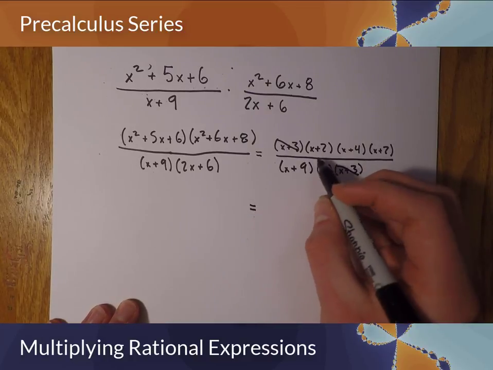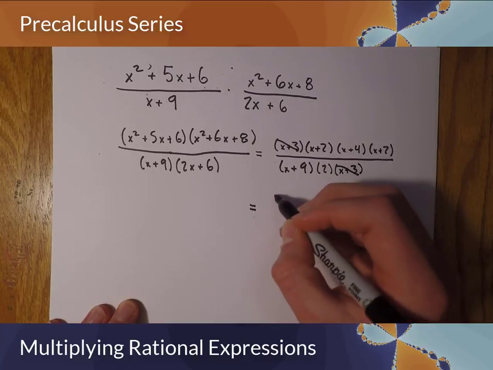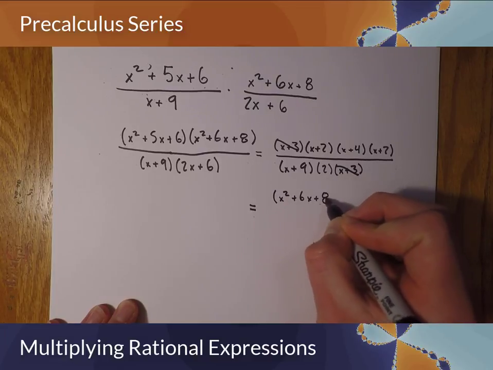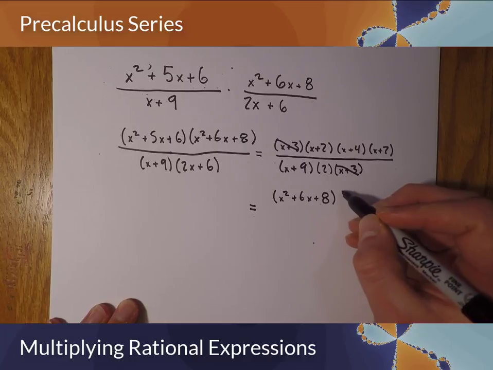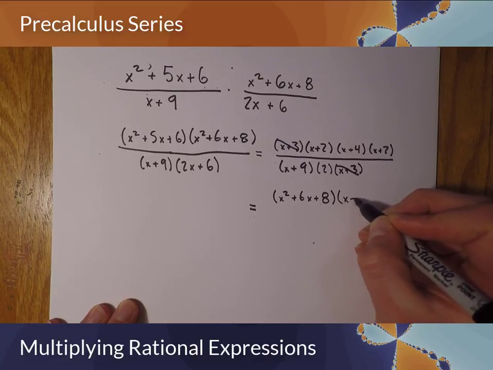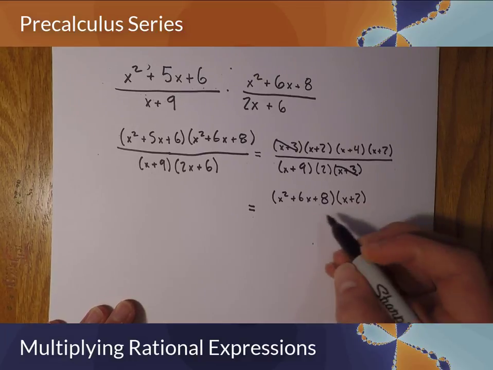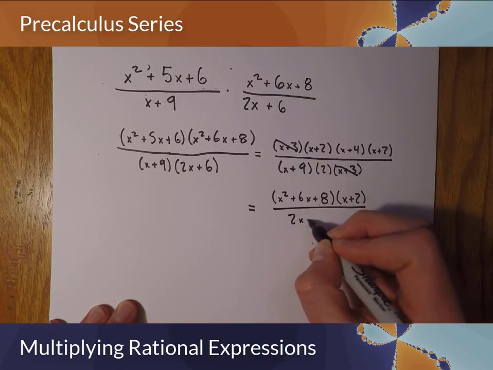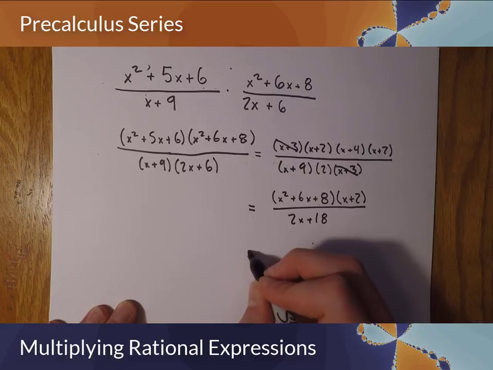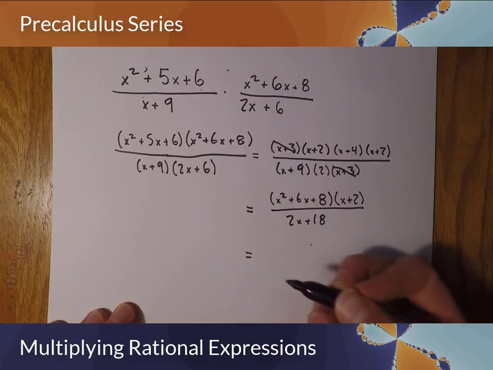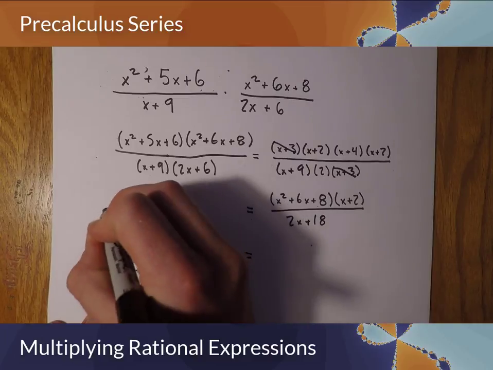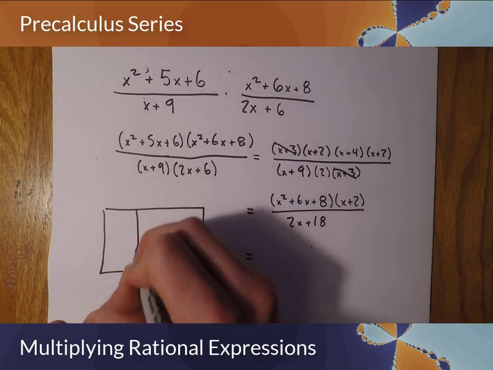So (x plus 2) times (x plus 4) is x squared plus 6x plus 8, and then now we're just going to be multiplying that by x plus 2, that one left over piece, and then the bottom is 2x plus 18. Just to expand the top so we get a nice polynomial, I'm going to draw a little box here to multiply this out.